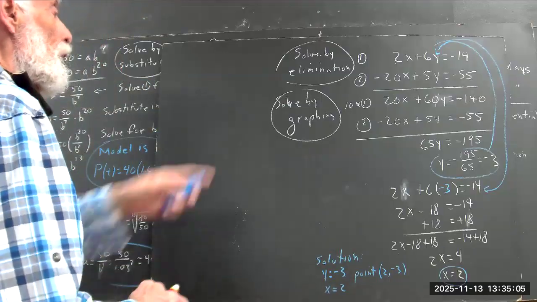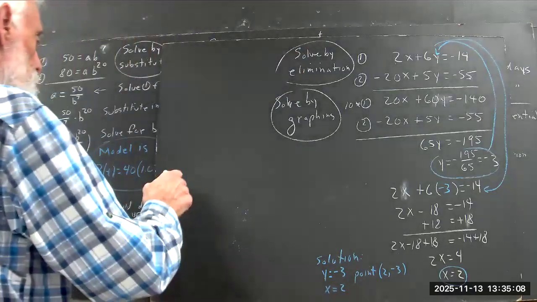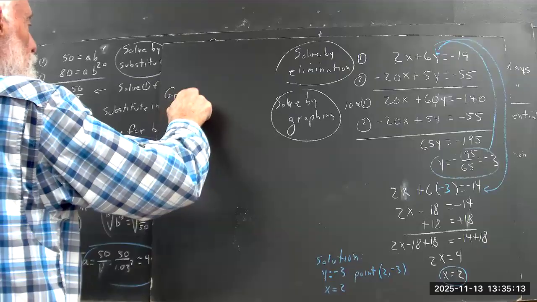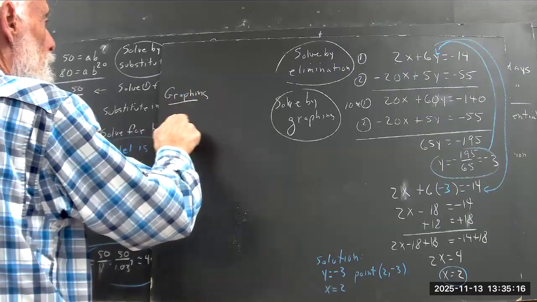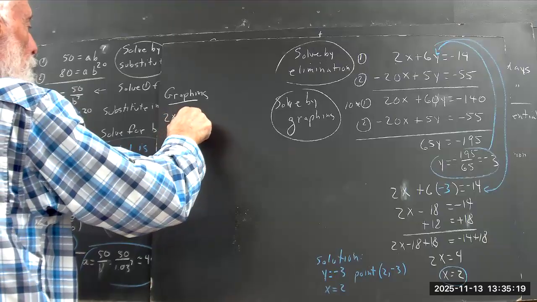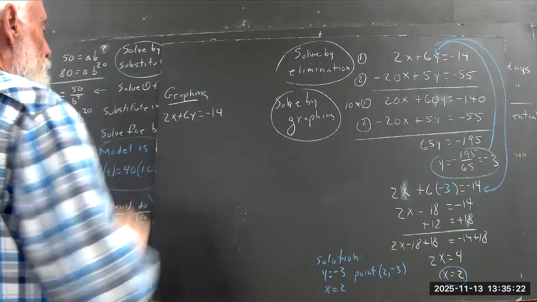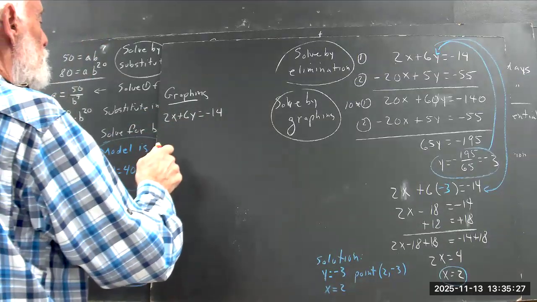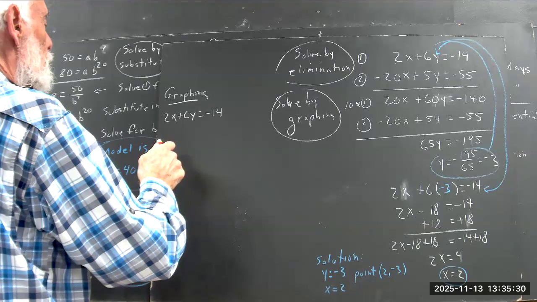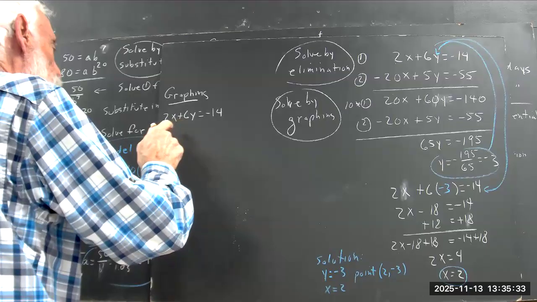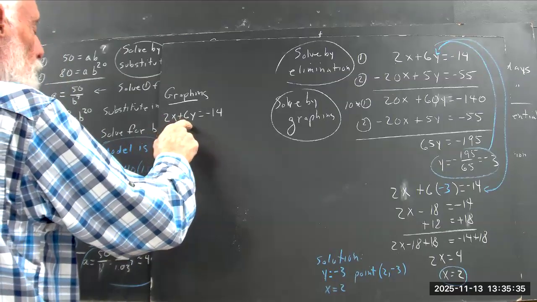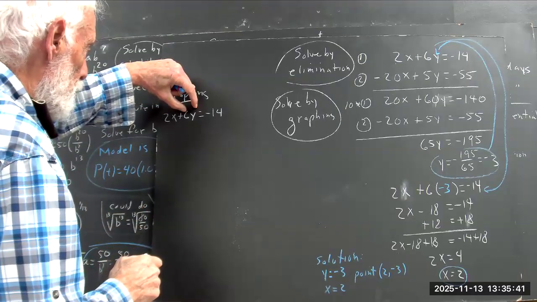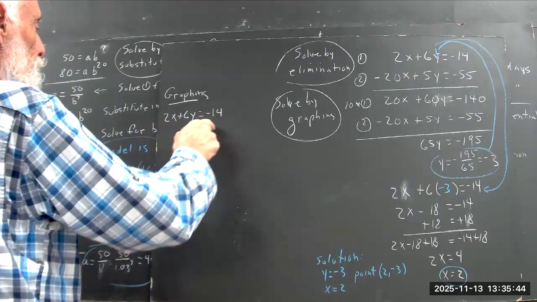Now, I can graph this thing, okay? 2x plus 6y equals negative 14. The x-intercept occurs when y equals 0. If y equals 0, 6y is 0, we get 2x equals negative 14.